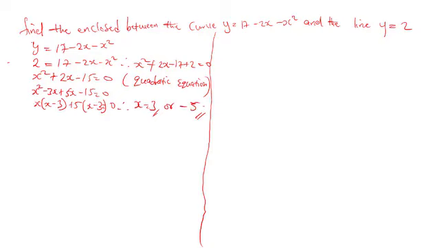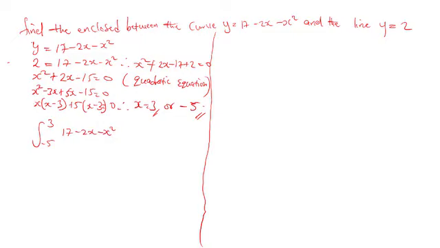So our equation can be written as the integral, where the upper limit is 3 and the lower limit is minus 5, of 17 minus 2x minus x squared. Now we've gotten the two boundary points.